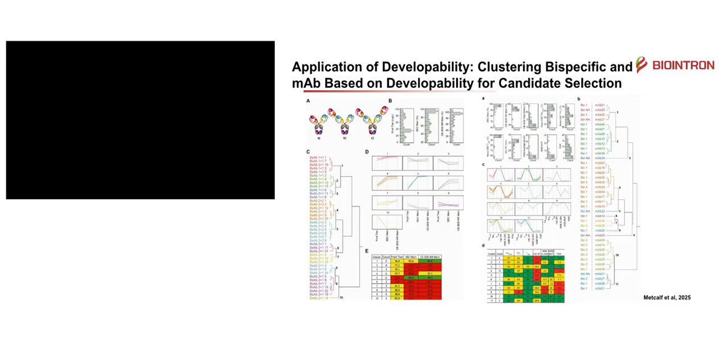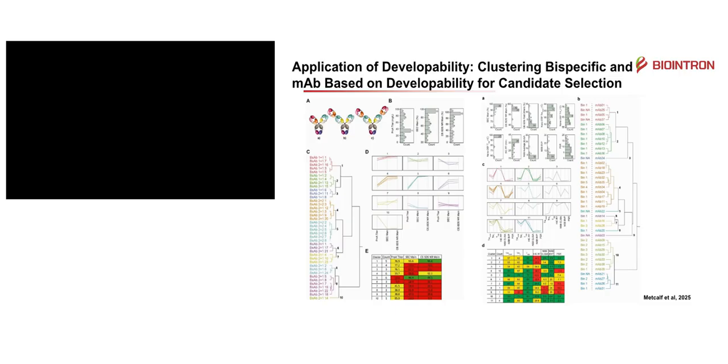So that's for bispecifics, and they apply similar principles on the monoclonal antibodies, and they did melting temperature, aggregation temperature, retention time, and PSR ELISA to group monoclonal antibodies. So in that way, they will find, okay, these kinds of antibodies are quite similar from the immunization library, right?